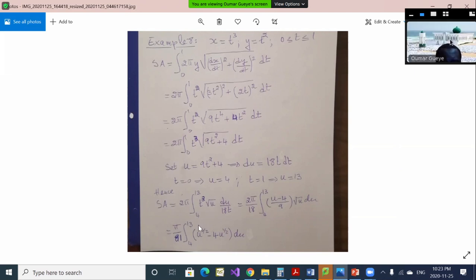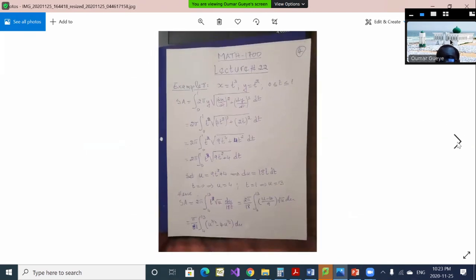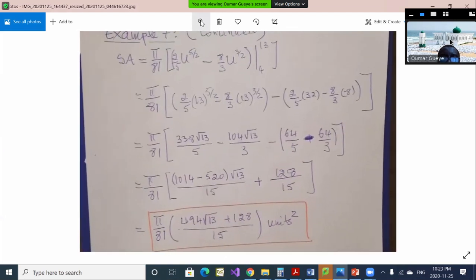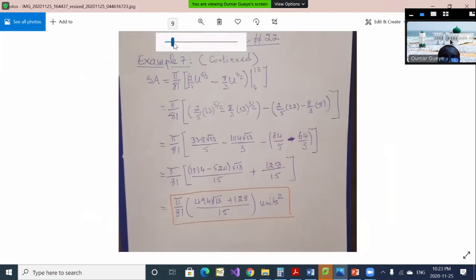Now, next step, we're going to integrate by using the power rule that we've seen at the beginning. So it was u to the power 3 by 2. It becomes u to the power 5 by 2 over 5 by 2.